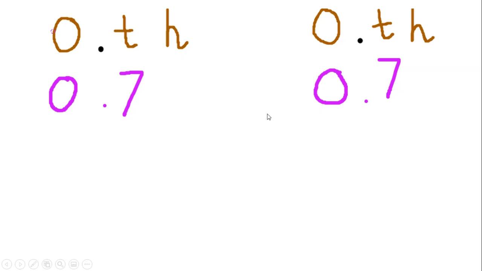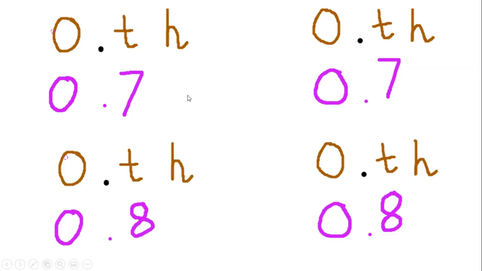So actually these answers are both the same. 7/10 looks like this. 70/100 looks like this. Next one. 80/100. And the next one is 8/10. And again, they're both the same. We're going to look at that in more detail in future lessons.